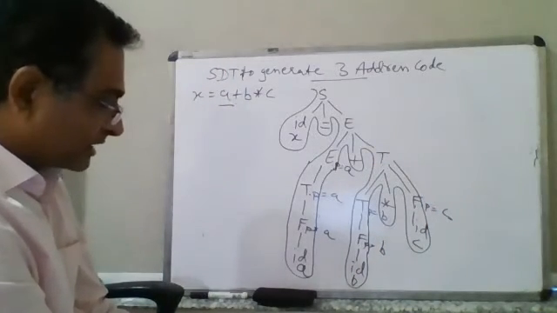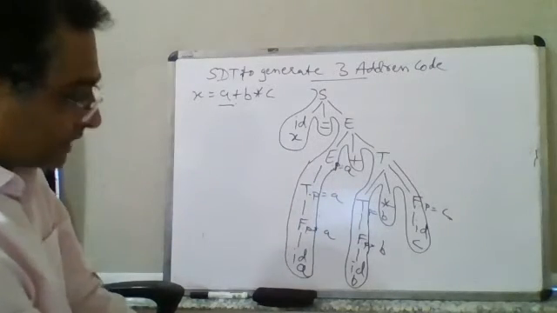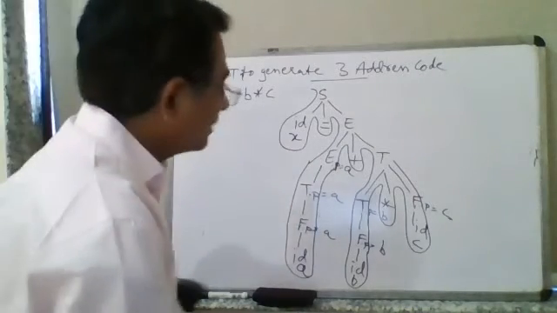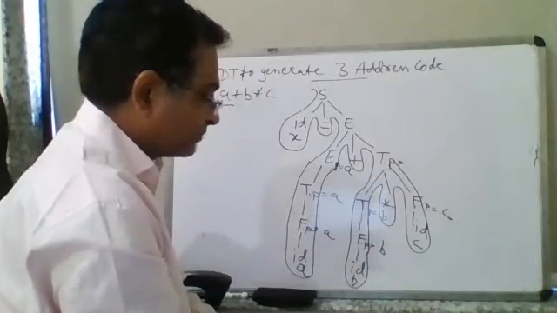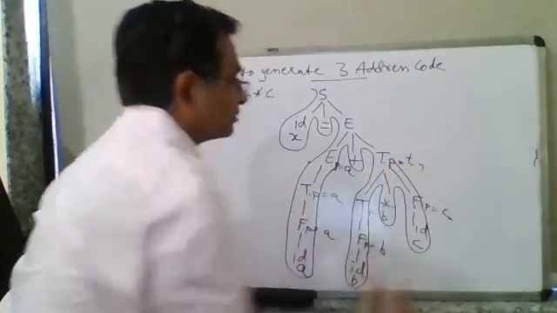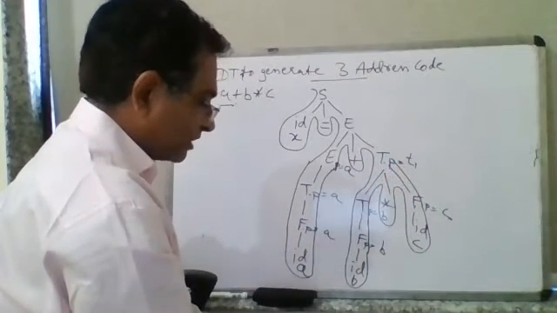So at this place, this operation is going to be executed first. T dot place is going to generate a new temp, let's say T1. So T1 is generated here, and what will be the outcome?